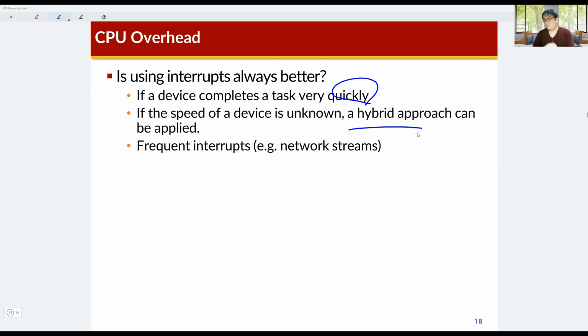That means that firstly, we just check the status of the I/O devices using the polling-based control, and then we switch to the interrupt-based control. Okay. So frequent interrupts are not good, because they will cause very frequent context switches, and this context switch is a very heavy burden on the CPU.